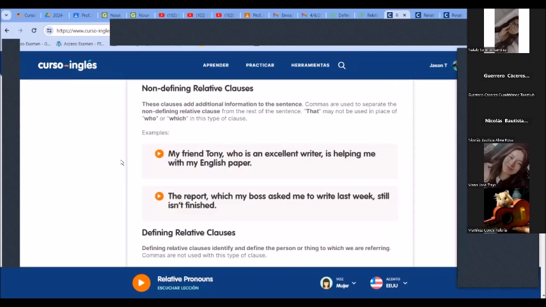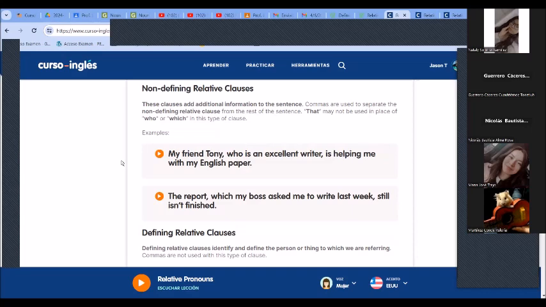Non-defining relative clause. The clause adds additional information to the sentences. Commas are used to separate the non-defining relative clause from the rest of the sentence.